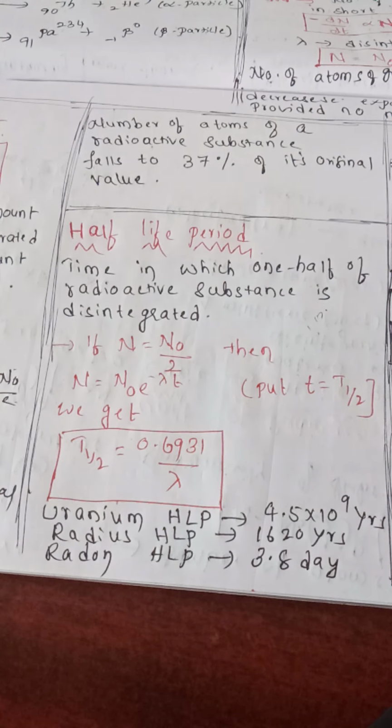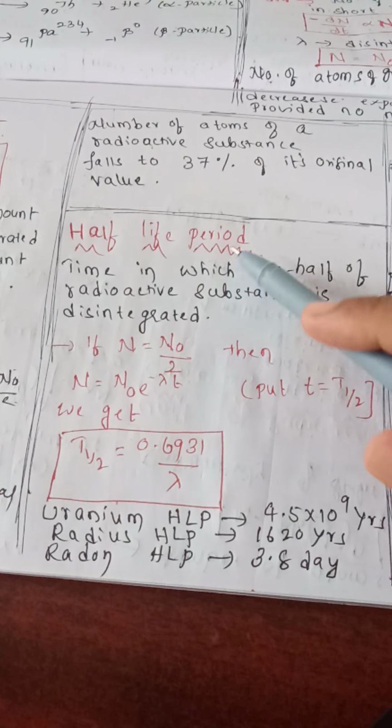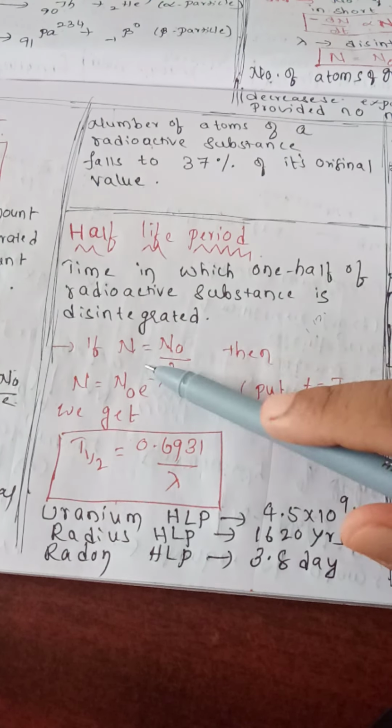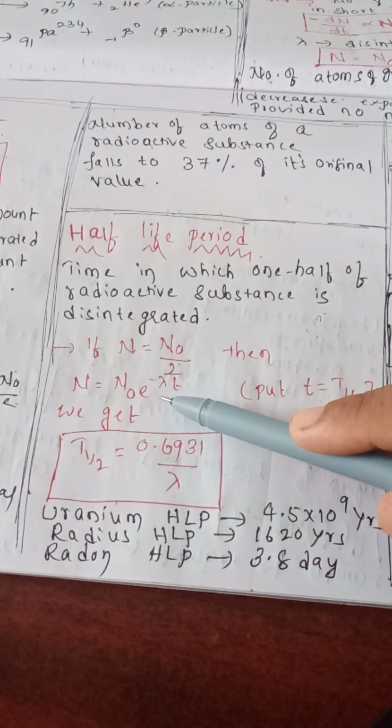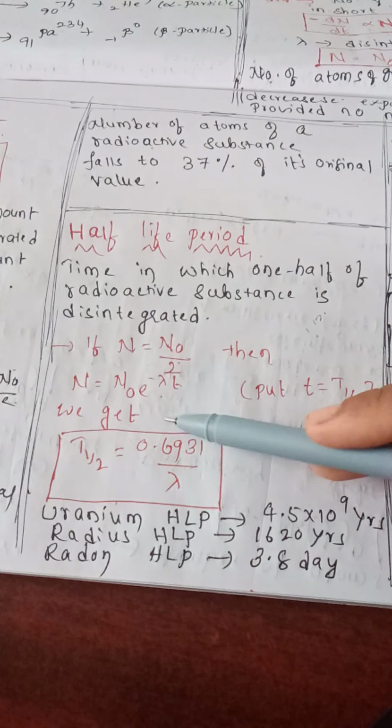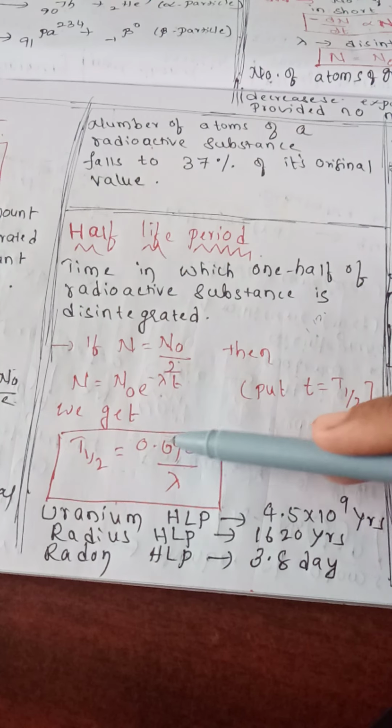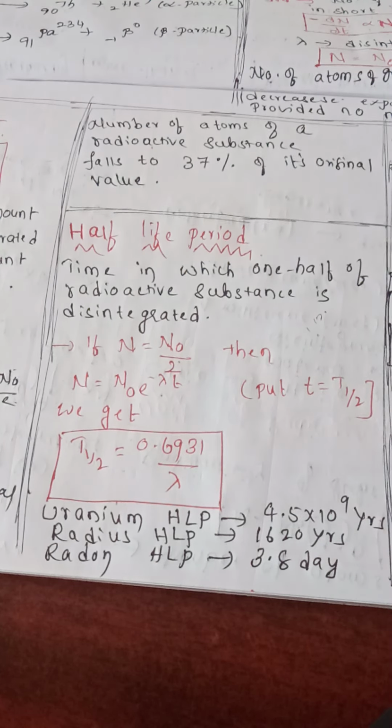If we substitute N equal to N naught by 2 in the formula N equal to N naught e to the power of minus lambda t, we get half-life time equal to 0.6931 by lambda.